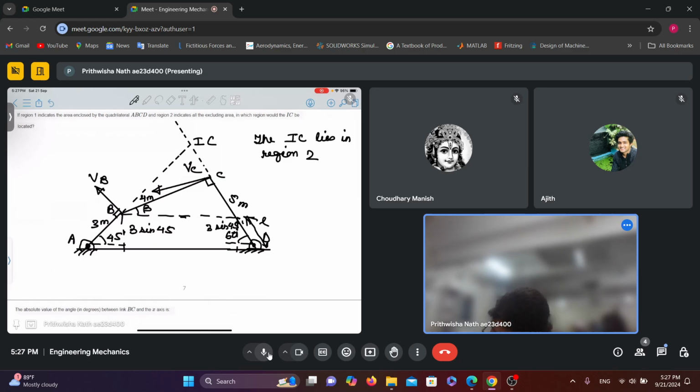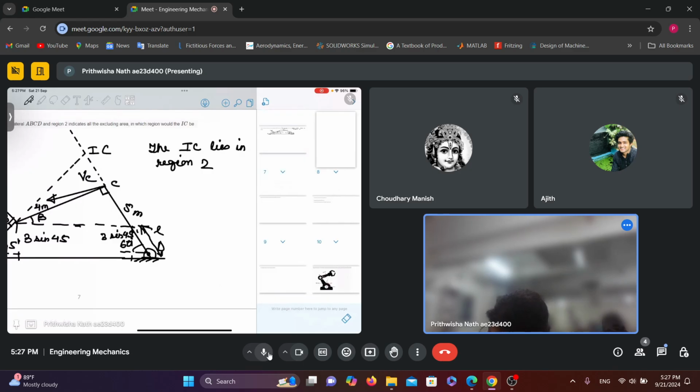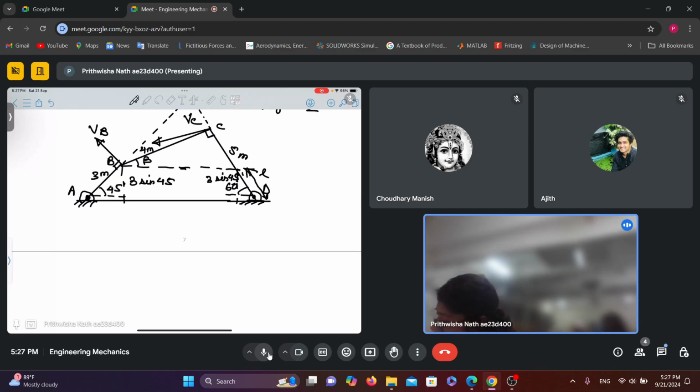Now, what can I write from this? I can write, and this angle is 30 degree, right? So this is 60 degree and this is 30 degree, right?